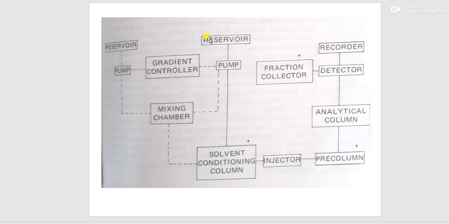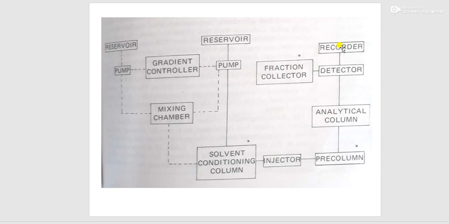If I say in one reservoir there is HPLC grade water, and in another reservoir there is HPLC grade methanol, and I want to use a methanol-water combination as my mobile phase, then methanol from one reservoir and water from the other will come together and be mixed in this mixing chamber, and then they will pass through the different components of HPLC.